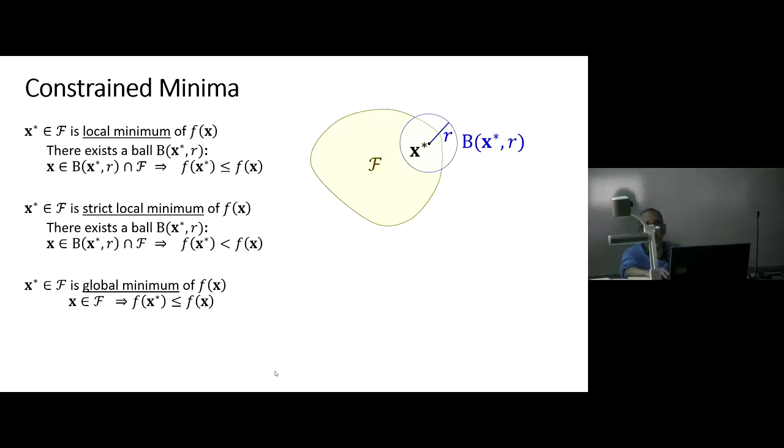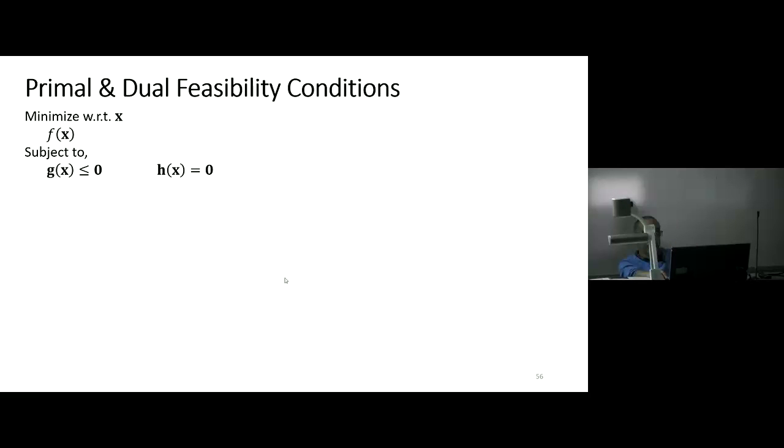Okay, so these are the constraint minima definitions. Now we will wind up with some conditions. Back to the constraint optimization problem, COP.